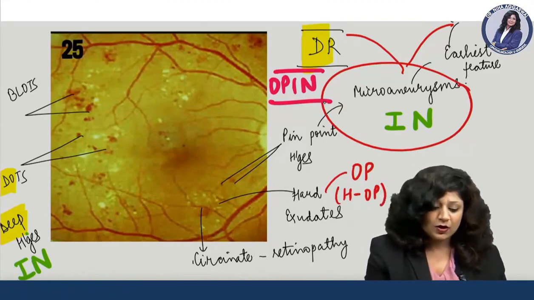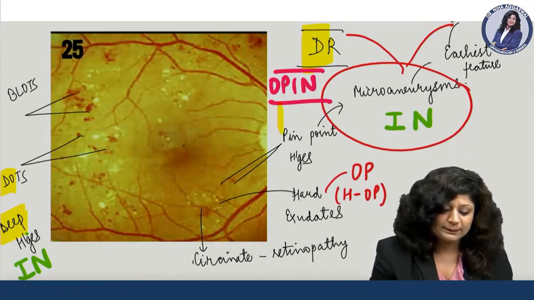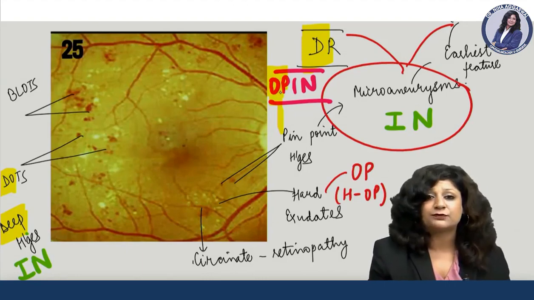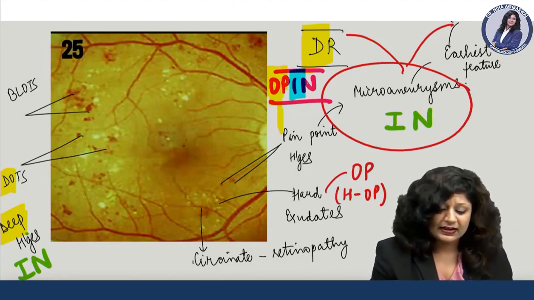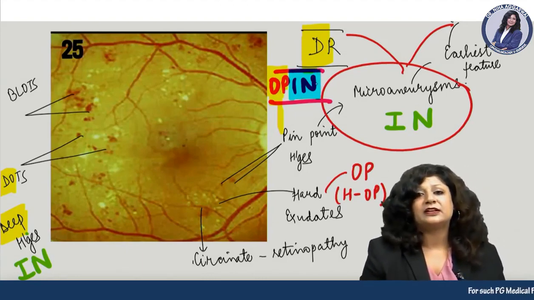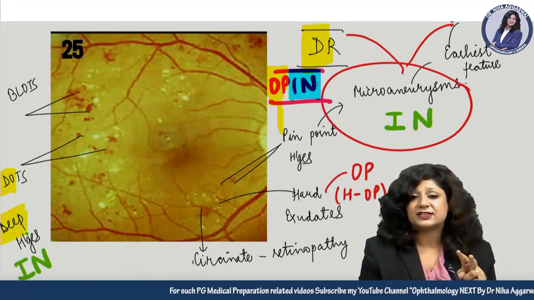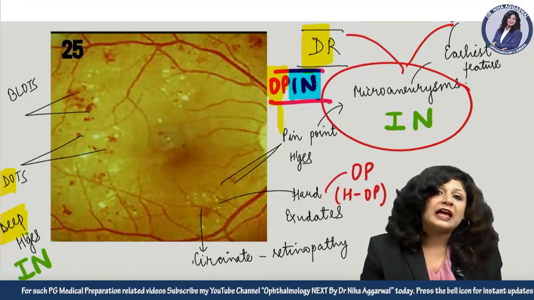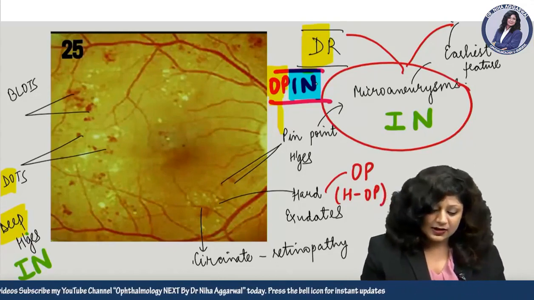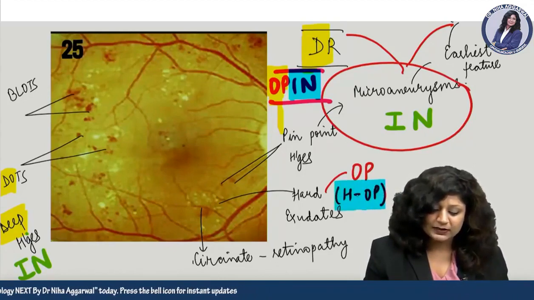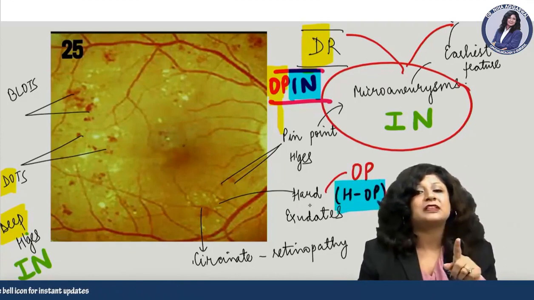Which two layers? OP, that is your outer plexiform, this one. And then we have IN, which means inner nuclear. These two layers always open the gate for the retinal diseases. So here also we have these two important layers. Now HOP means outer plexiform is for the hard exudate, so you are left with IN.